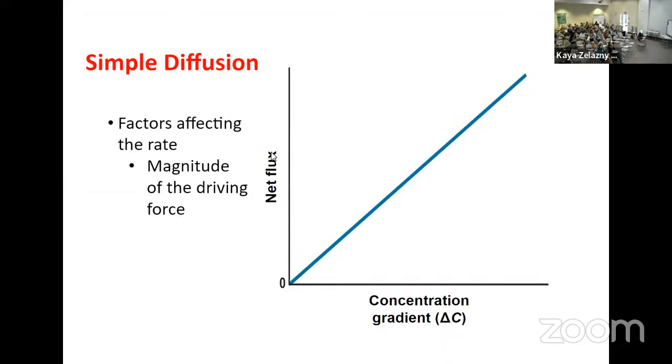If it's something that's undergoing simple diffusion, usually we're just gonna see as we increase our concentration gradient. So if there's more of a difference between the extracellular fluid and the intracellular fluid, we're gonna have more movement. So that's that first piece influencing the rate of transport, that magnitude of the driving force. That's kind of our energy for this process.